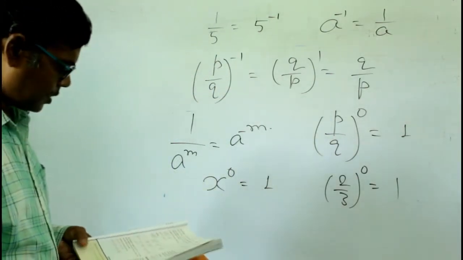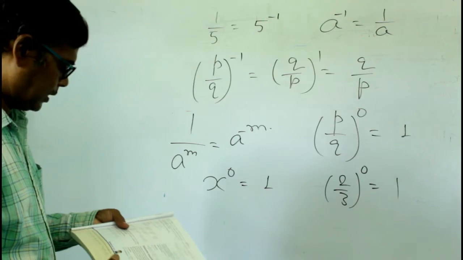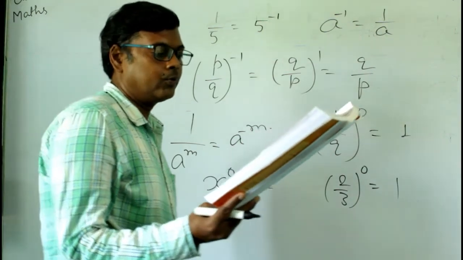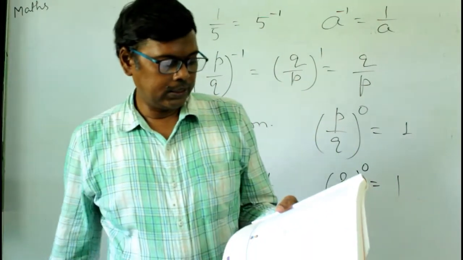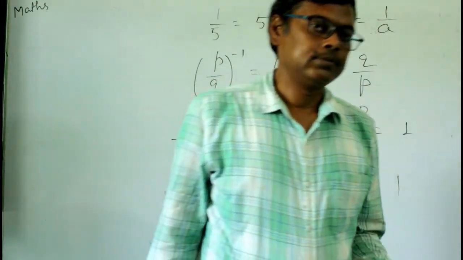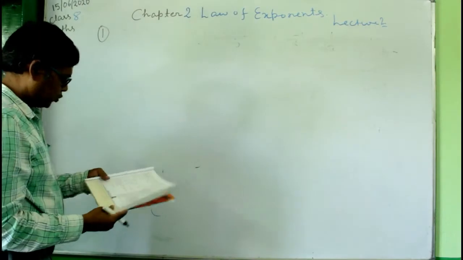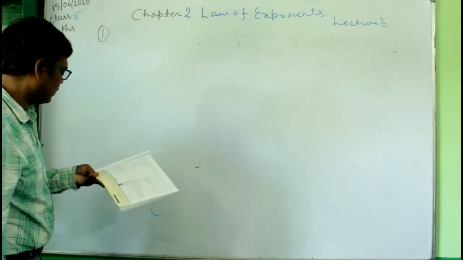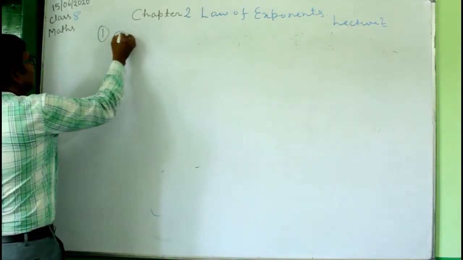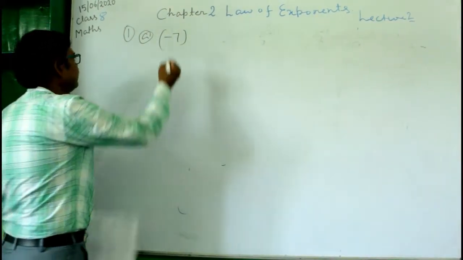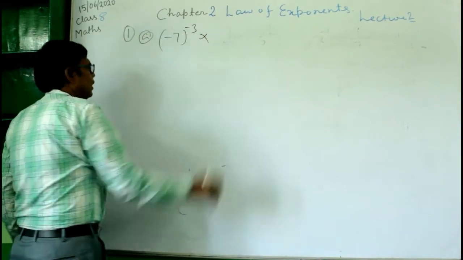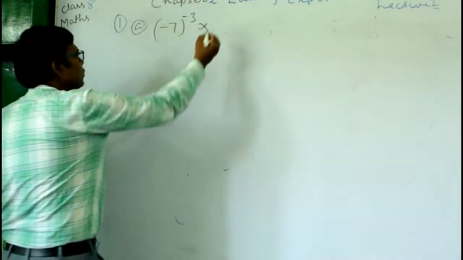Now question number 1. In question number 1, you have to write the given expressions in exponential form. The first question is minus 7 to the power minus 3 and minus 7 to the power 4.